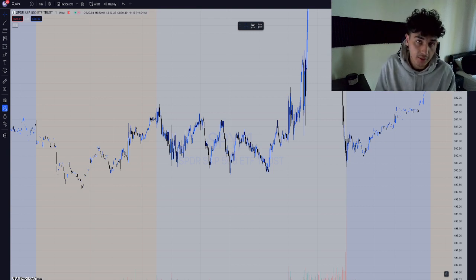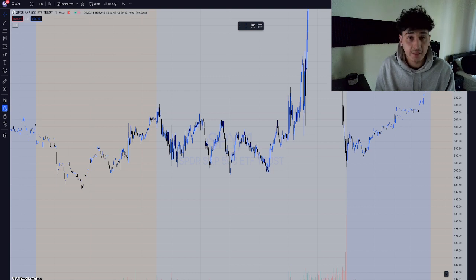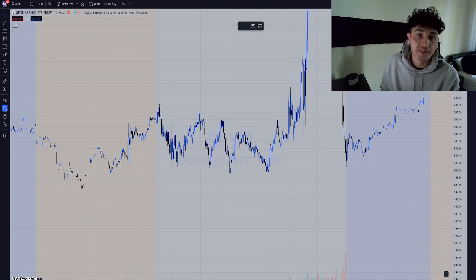So that's typically what I look for with demand zones. And same thing for supply zones. I look for when a key high is created, and then we see some type of strong move to the downside, indicating supply being created, or large amounts of sellers entering the market, right? So that's what I look for in terms of my zones.